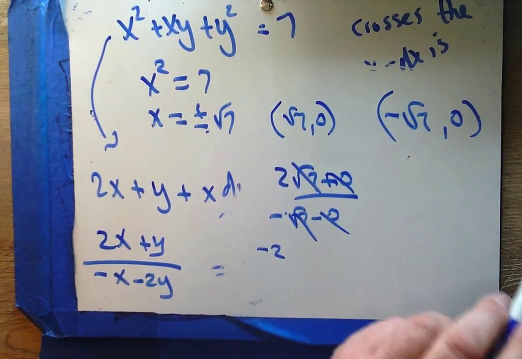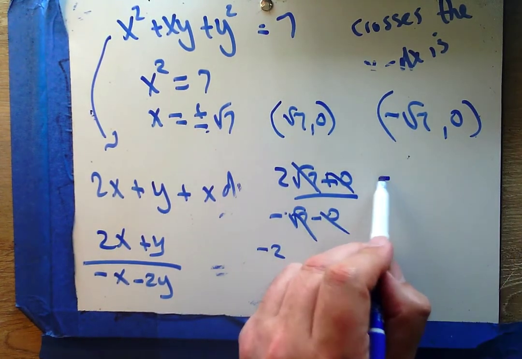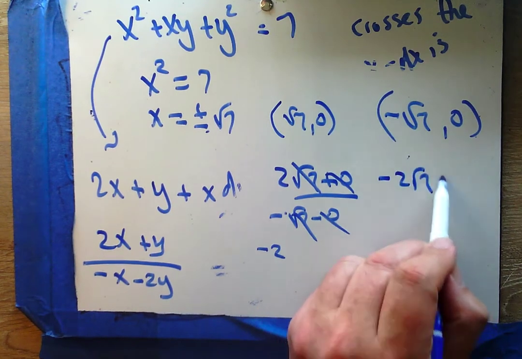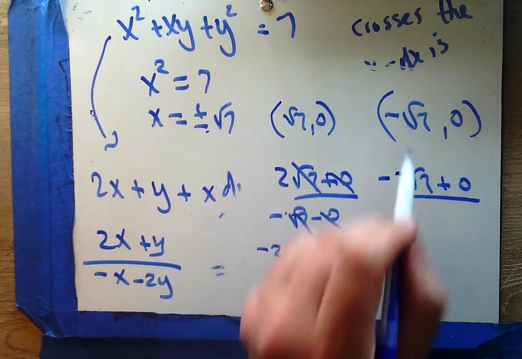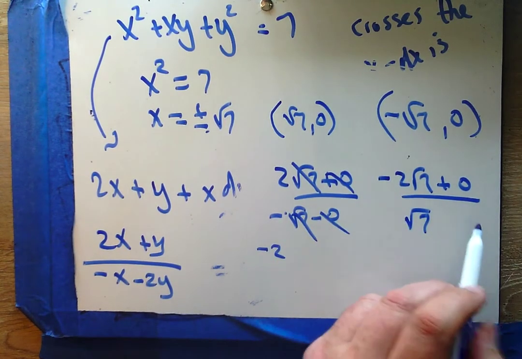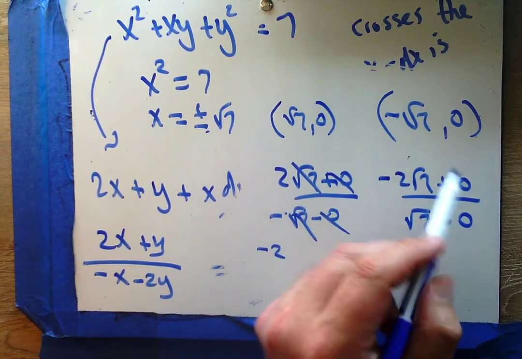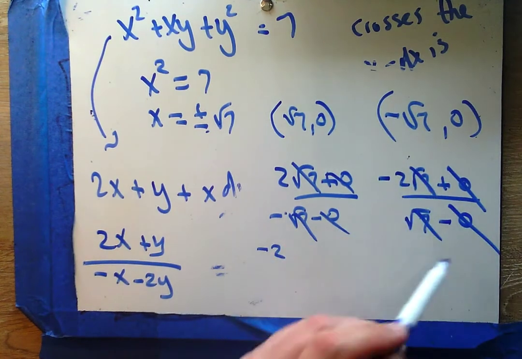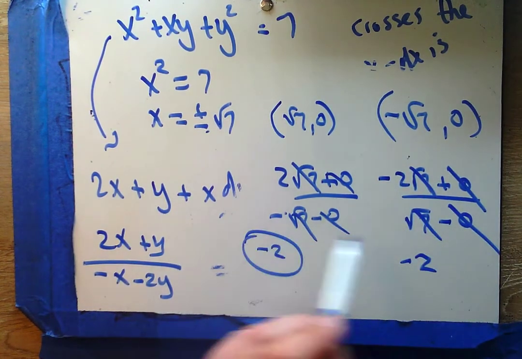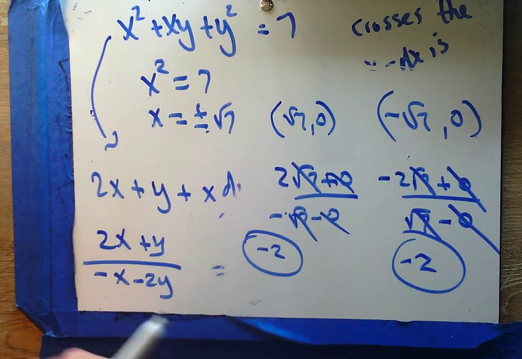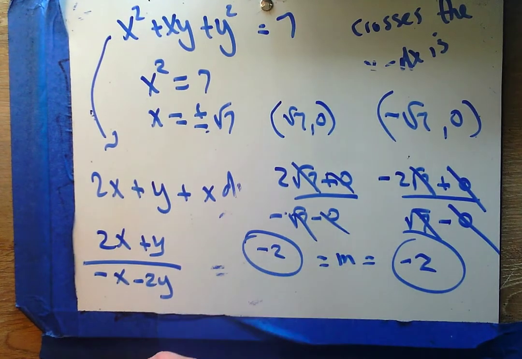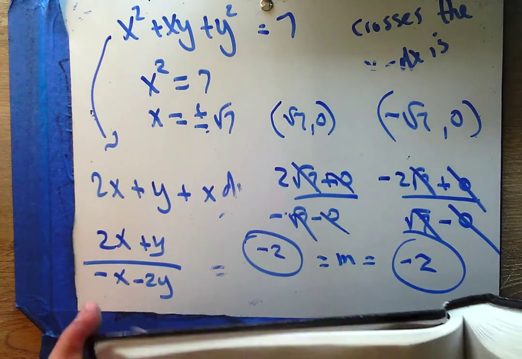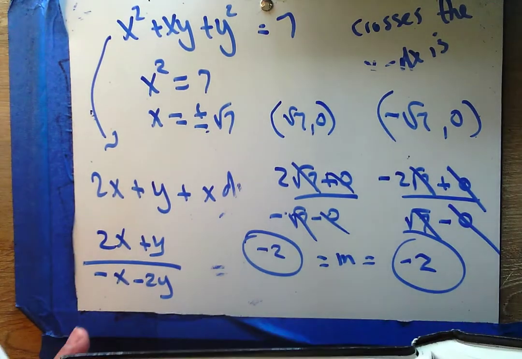Now I'm going to plug in negative root 7, negative 2 root 7 plus 0 over negative times negative is positive minus 0. These cancel, I have negative 2. Well, so the common slope is negative 2 at those places where that relation crosses the x-axis.